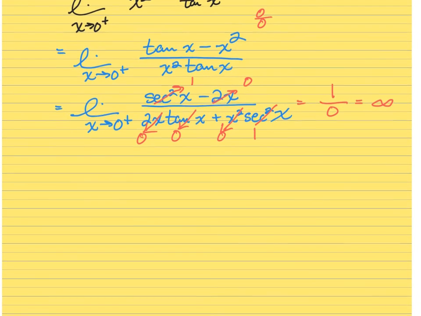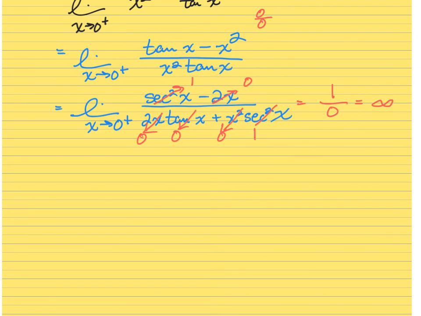Okay, so there are a couple other indeterminate forms that you're going to look at, and I'll let you look at the examples in the book on those. But for instance, infinity raised to 0, right? So a really big number raised to a really small number. Well, what is that going to become?